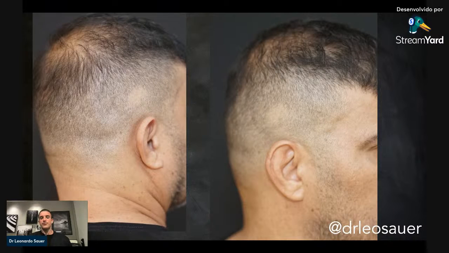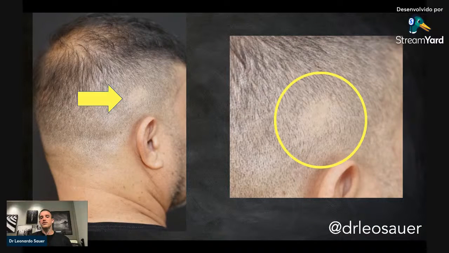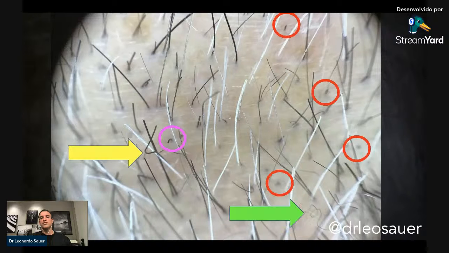This other patient presented with androgenetic alopecia in the crown area, but when we performed the physical exam, we saw this patchy area in the scalp that was very suspicious of alopecia areata.